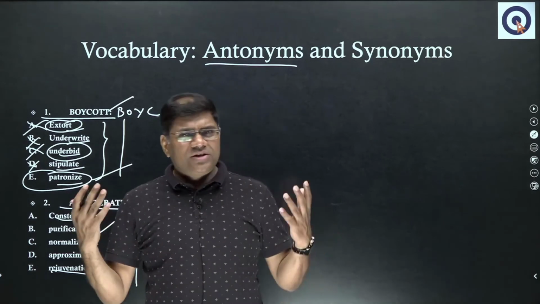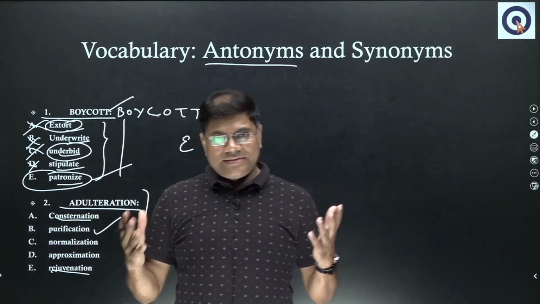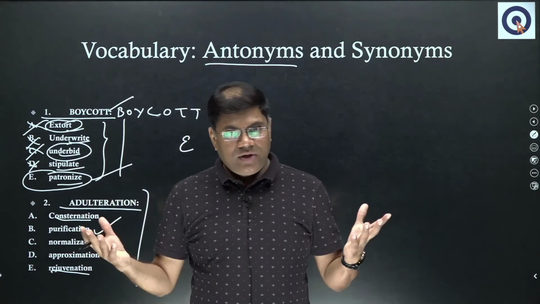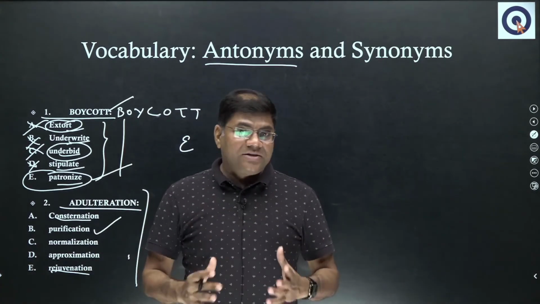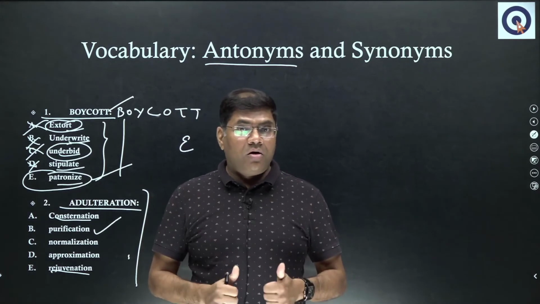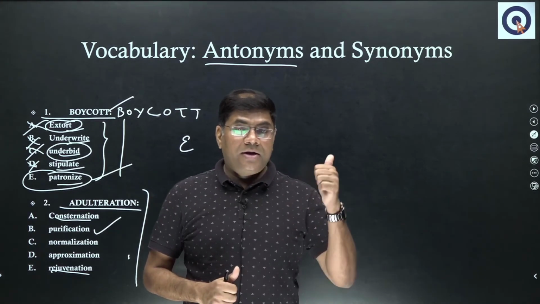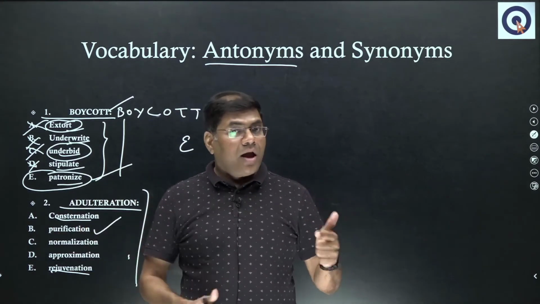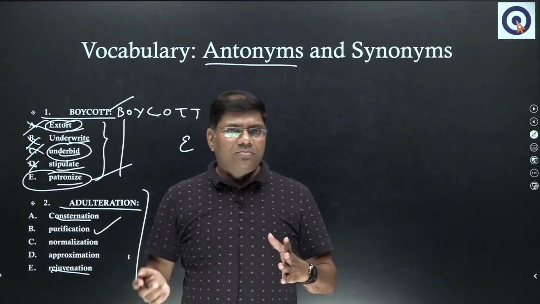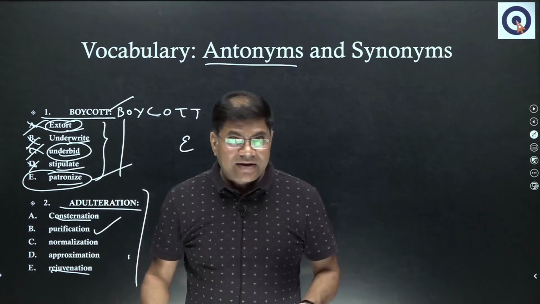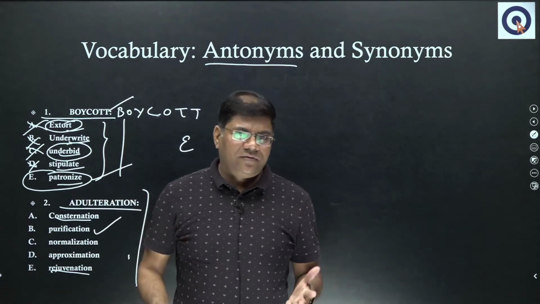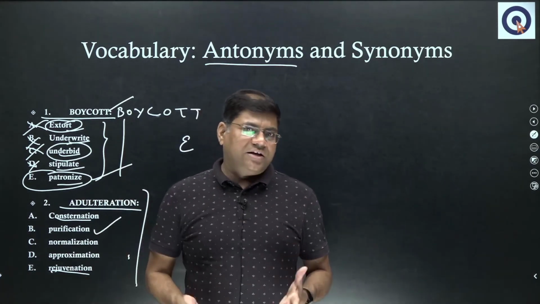So this was just a brief overview of what exactly is the CUET English syllabus, section 1. To do well in that section, you need to focus very hard on vocabulary and parajumbles, that is rearrangement, and reading comprehension. Grammar is something where you have to finish some of the topics. If the questions are easy, you can easily get them. If they are not, it becomes tough. That is how you will prepare for this section.